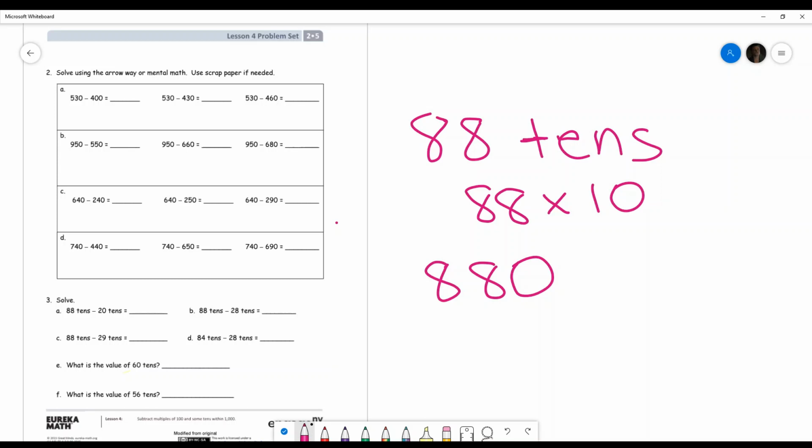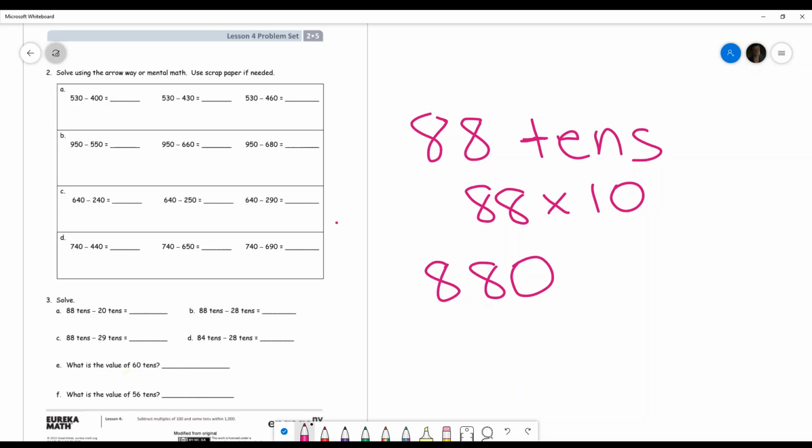Because you're multiplying 88 by itself 10 times. When you multiply anything by 10, you always add a 0 at the end of it. So 880 is 88 tens.